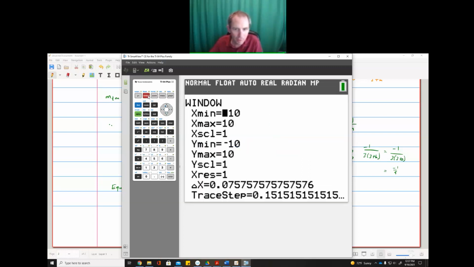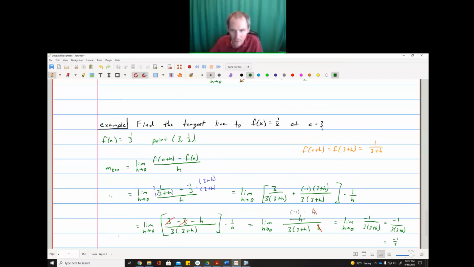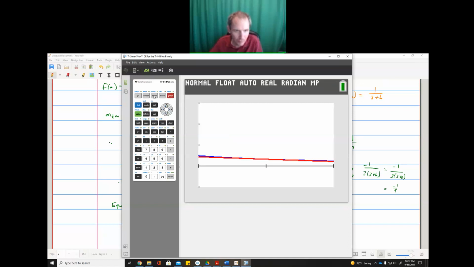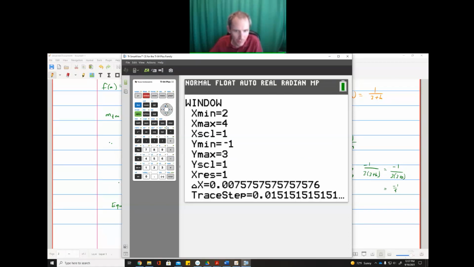Let's bring our zoom window in a little bit. We're looking at this at a equals 3. We'll just have x values that go from 2 to 4. That window a little bit smaller.